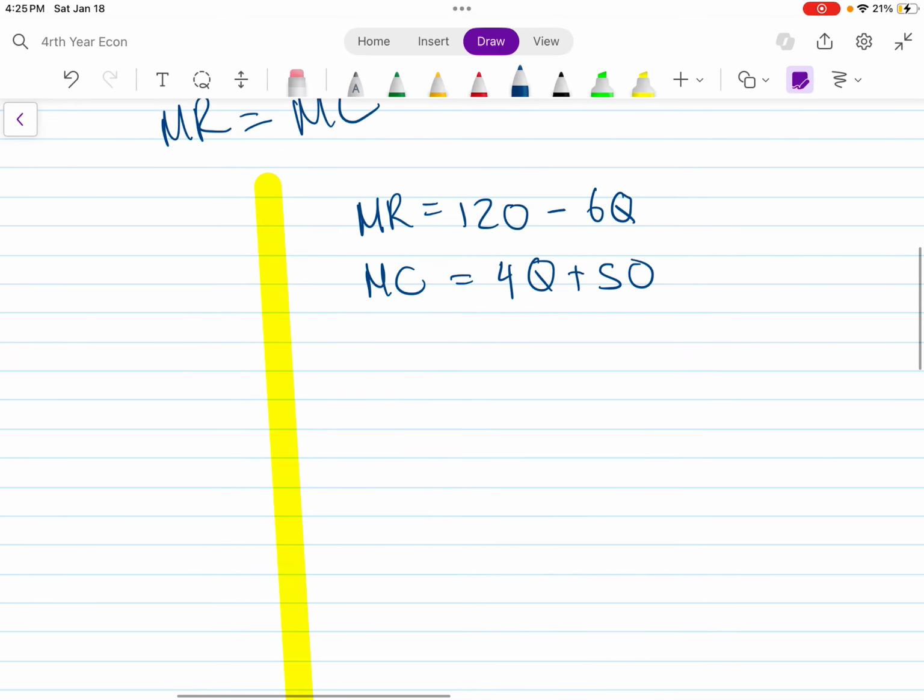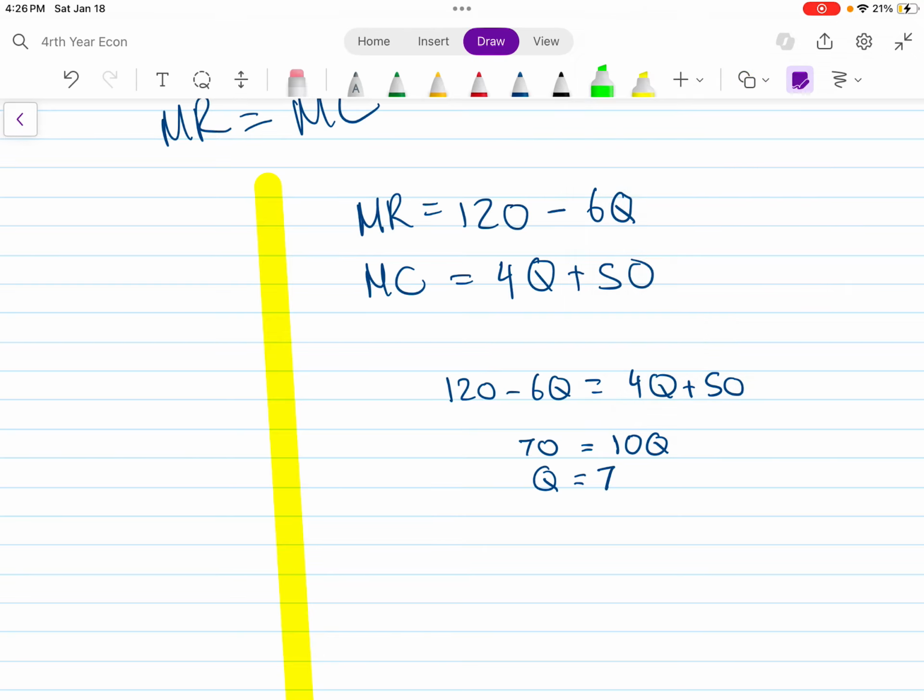Set both of these equal to each other. And once we solve this, we're going to get the value of Q, which is 7.